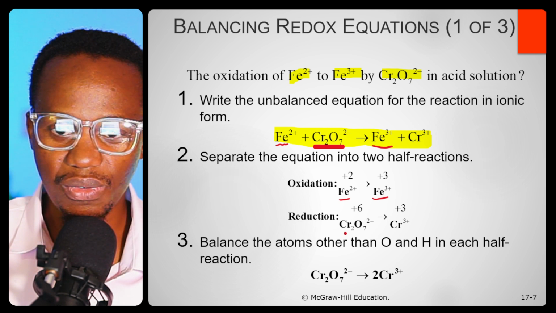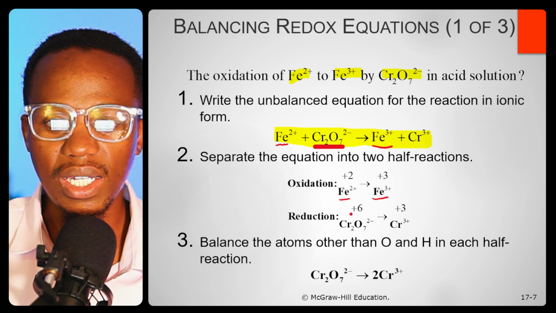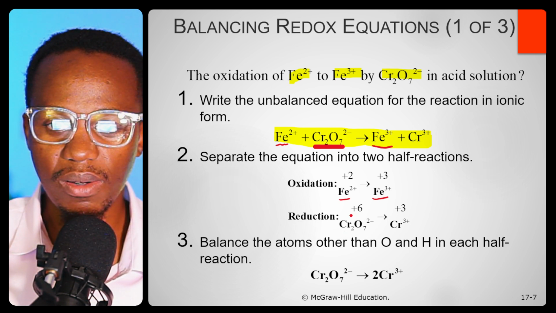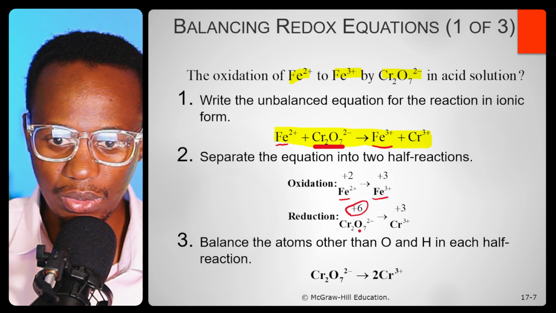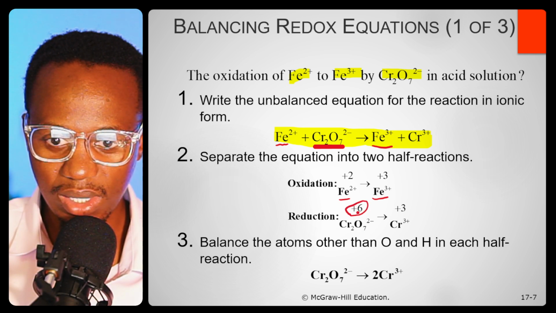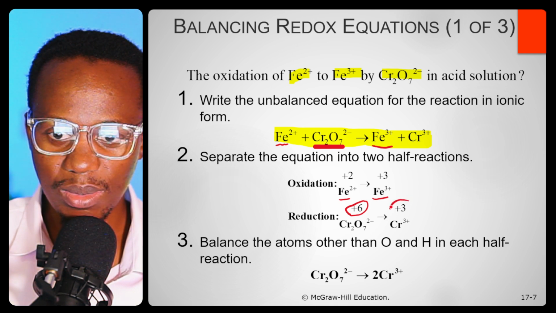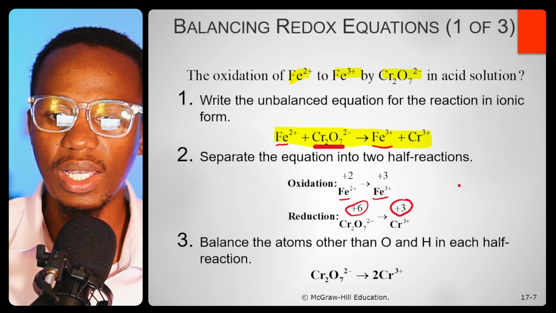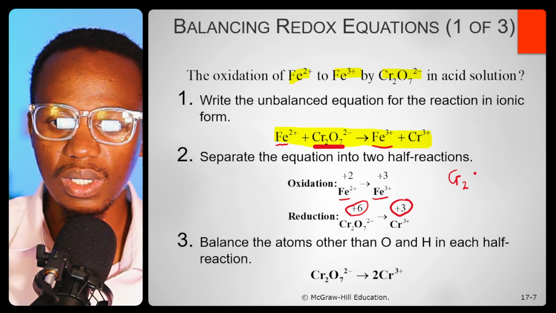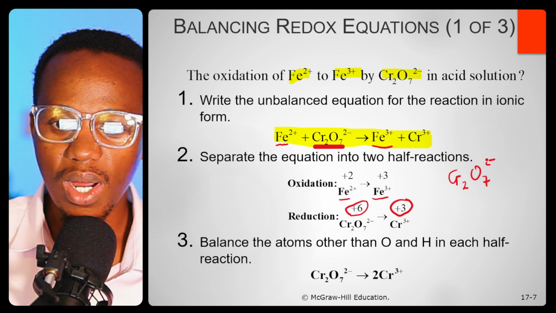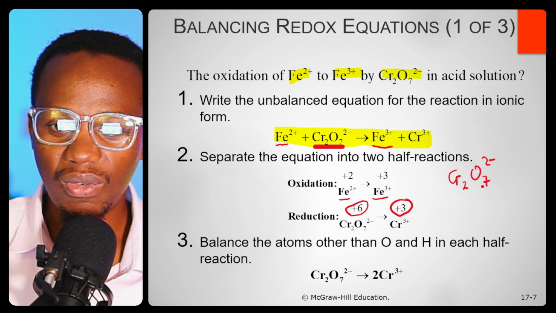Chromium is going from, okay, you gotta find the formal charge for chromium here. If you do the formal charge just like we just did for carbon, you realize that chromium has to be 6 plus, and then it becomes 3 plus. And let me show you again so that you know how to do it. So Cr2O7 2 minus, what is the number for Cr?